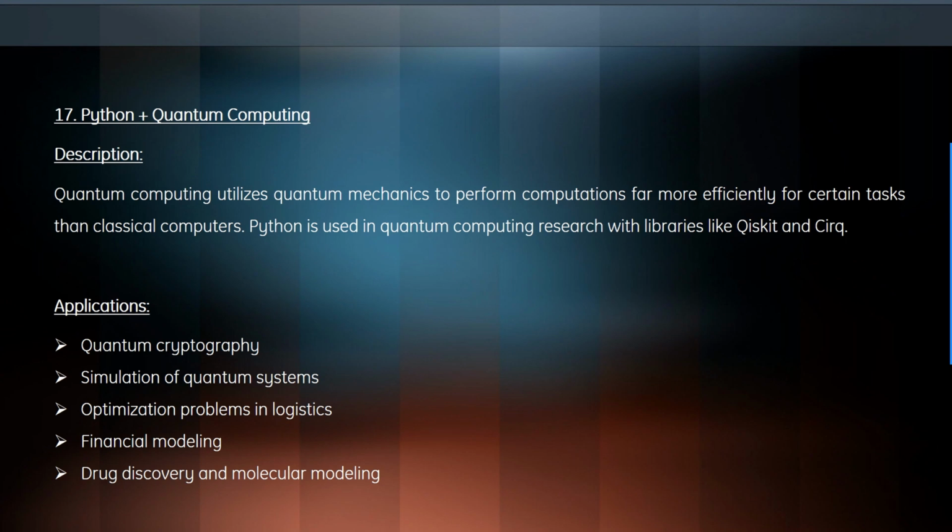Python is used for quantum computing research with libraries such as Qiskit and Cirq. Applications: we have quantum cryptography, simulation of quantum systems, optimization problems in logistics, financial modeling, drug discovery, and molecular modeling.